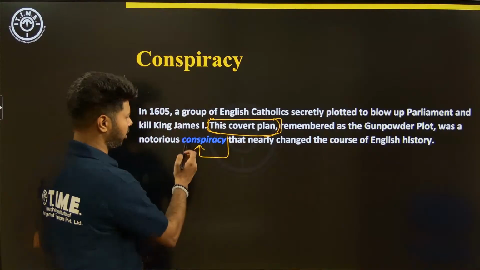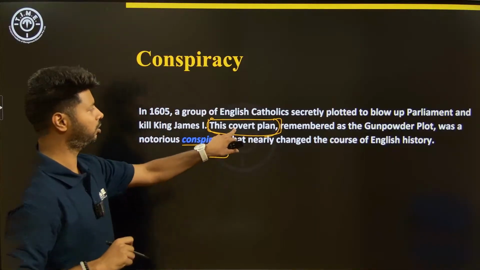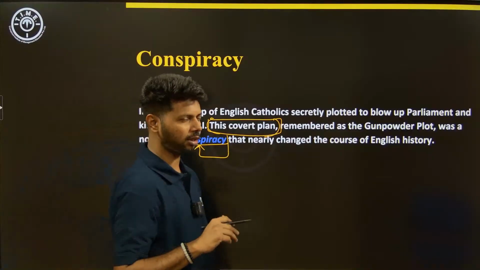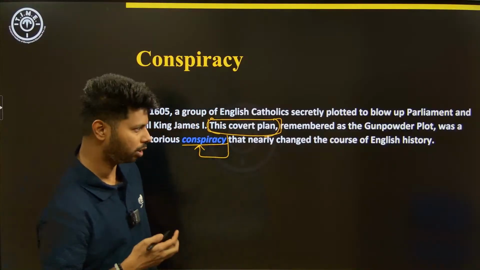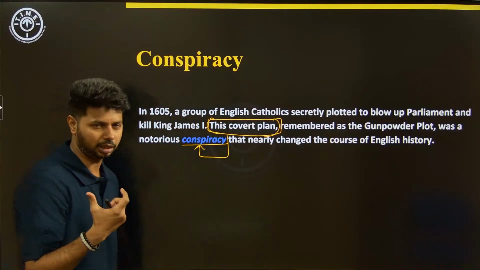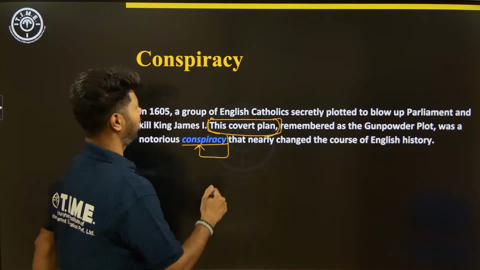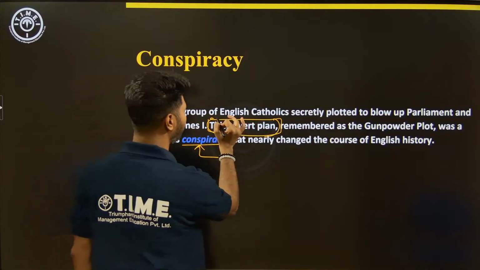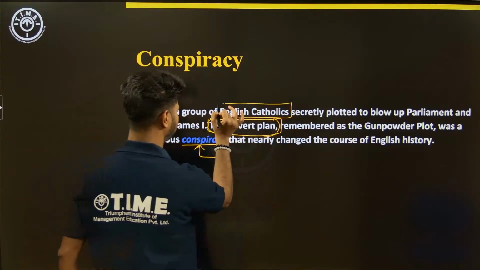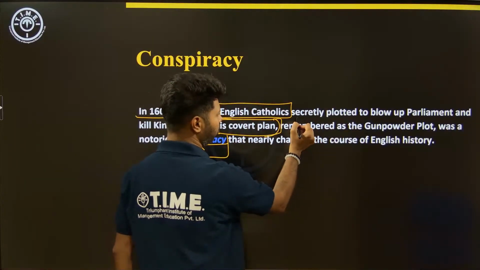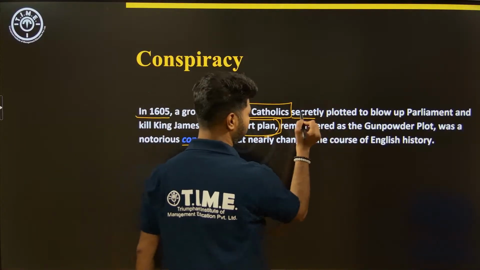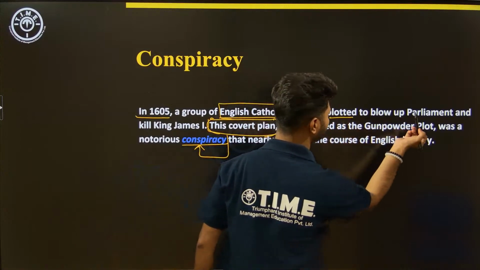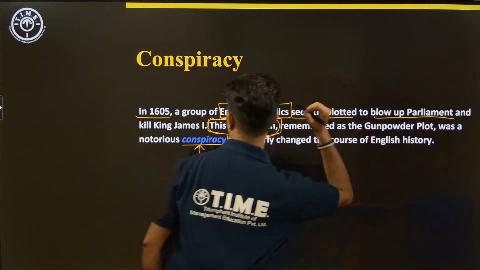How do I get the meaning, right? Conspiracy. This covert plan. So the first thing that tells me is it's a covert plan. Covert meaning secret, right? So, a secret plan. What happened? A group of people, English Catholics, secretly plotted to blow up the parliament.